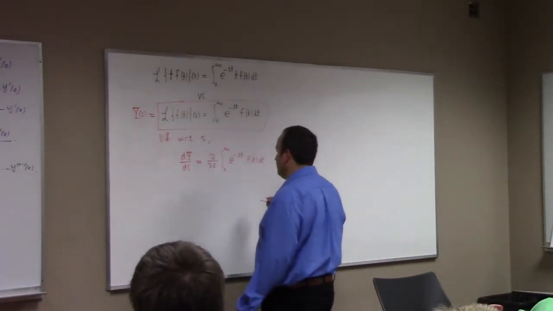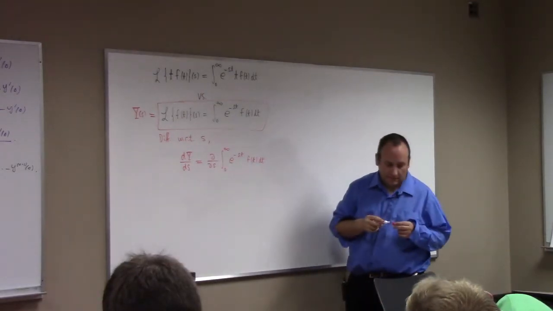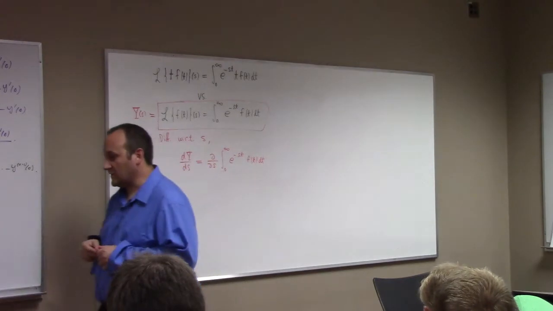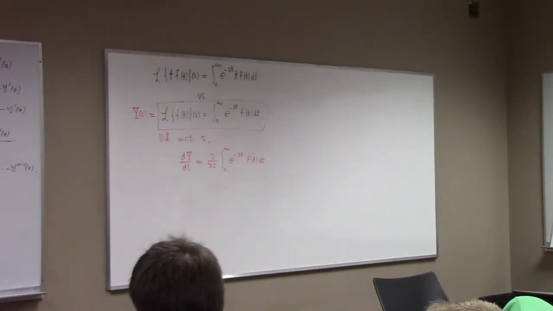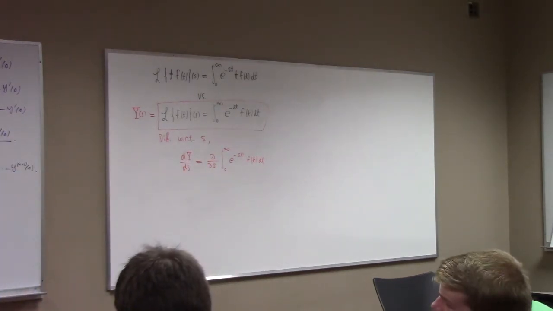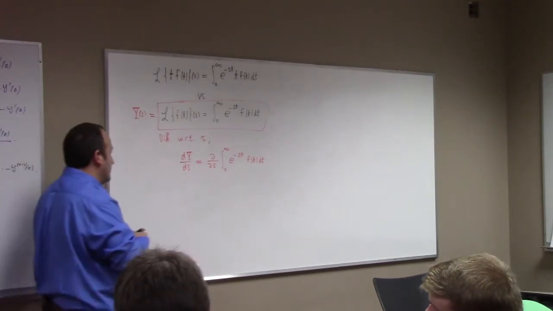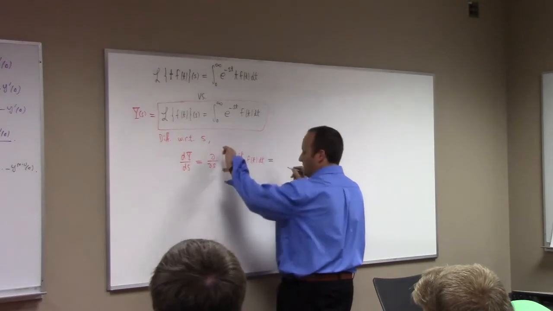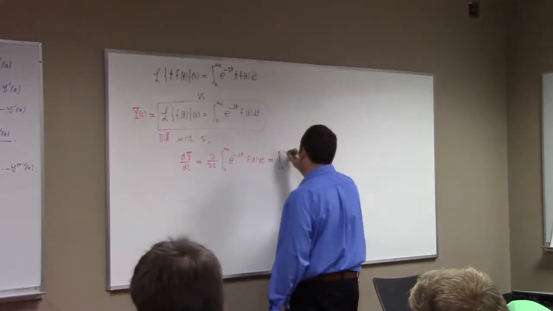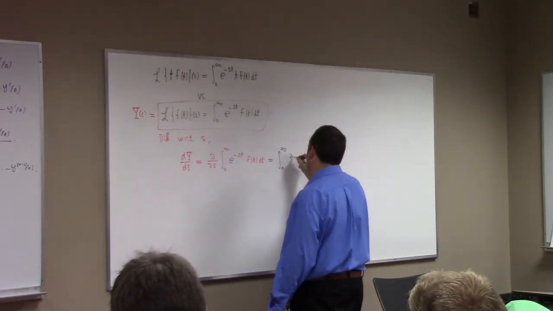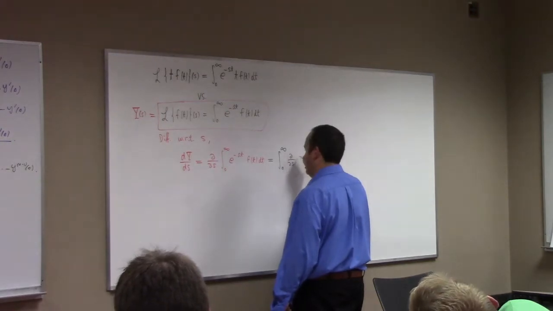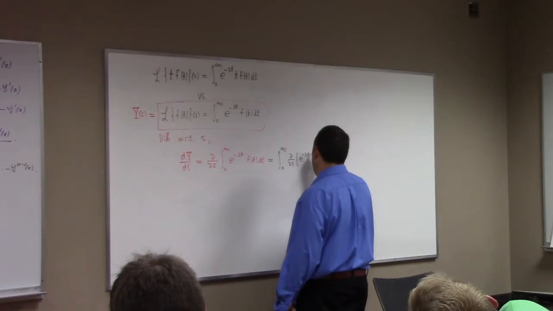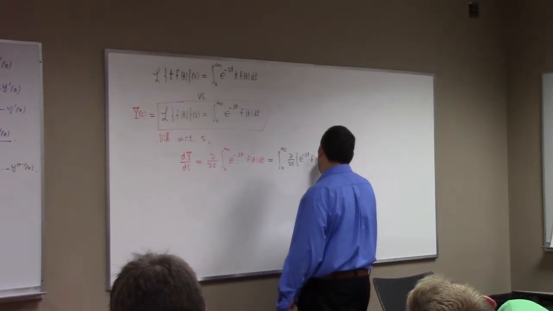Now, it is a theorem of analysis that, given certain conditions on the function, we can commute the order of differentiation and integration. I'm not going to prove it to you, but we can do that here. And so if we switch those, we have the integral from 0 to infinity of partial s of e to the minus st f of t dt.